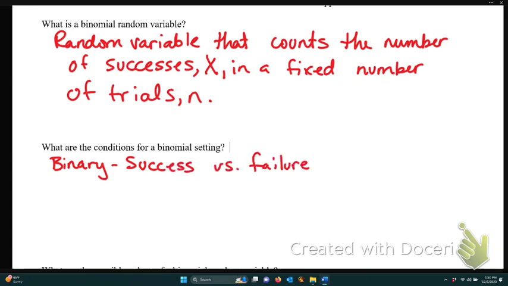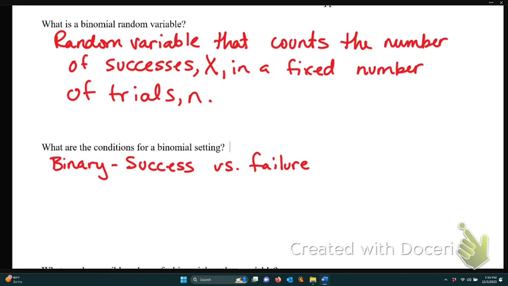There has to be a clearly defined success versus failure. So I'm going to take a random sample of 10 of you, and I am going to notate if you are wearing glasses. Is there success and failure? What is success? Glasses. What is failure? Not. I'm going to take a random sample of 10 of you, and I'm going to notate how many blondes there are. Is there clearly defined success and failure? What is success? What is failure?